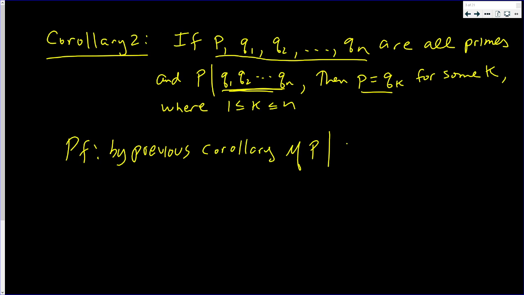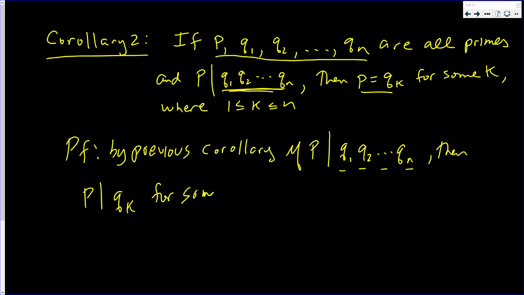If P divides this product, then P divides one of them. P divides Qk for some k in between 1 and n.